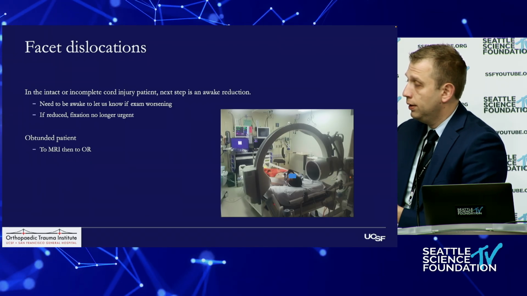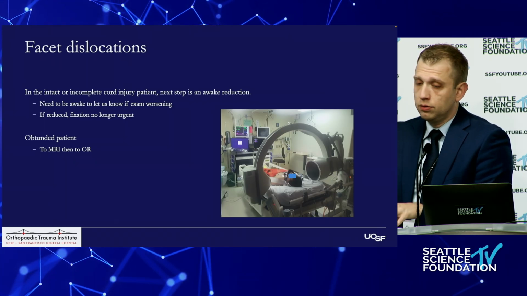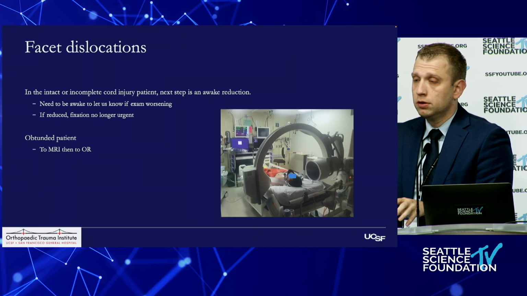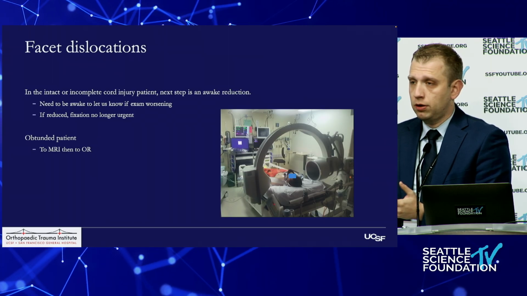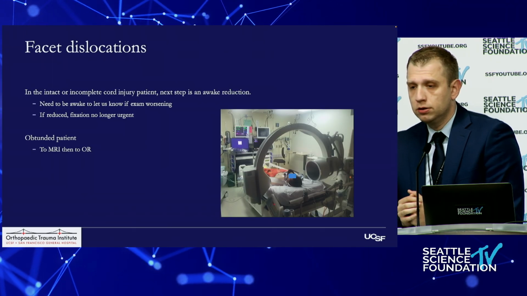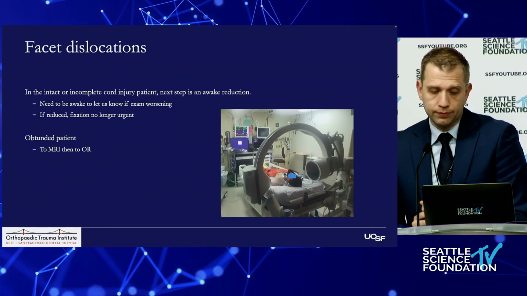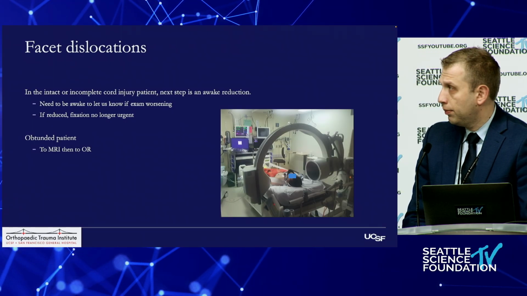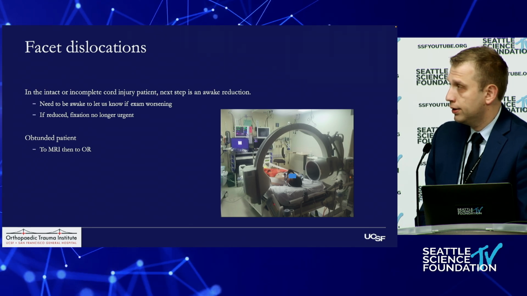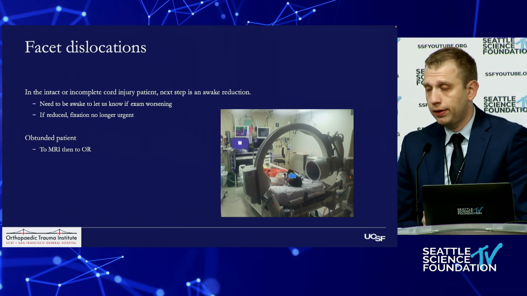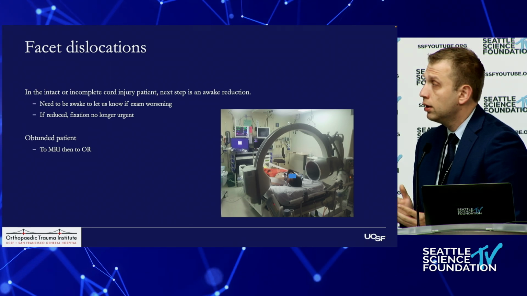So if this comes in the middle of the night, one is able to reduce the facets, take pressure off the cord, and now you could potentially do the case the following morning instead of getting the skeleton crew in the middle of the night. However, if the patient's obtunded, I take him straight to the MRI and then to the OR.